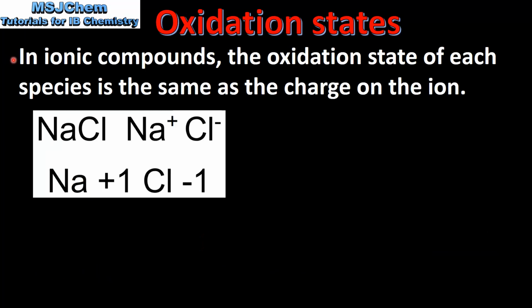In ionic compounds, the oxidation state of each species is the same as the charge on the ion. So for example, sodium chloride is composed of positive sodium ions and negative chloride ions. The charge on the sodium ion is 1 plus, the charge on the chloride ion is 1 negative. So the oxidation state of sodium is +1, and the oxidation state of the chlorine is -1.